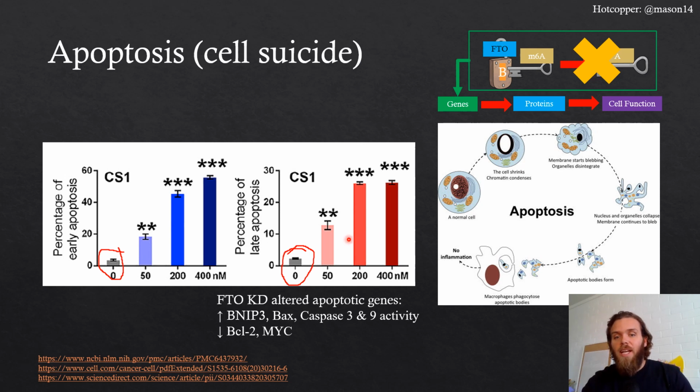Now you'll notice that as we start to increase the dose of bisantrene, you can start to see the percentage of apoptosis, this cellular suicide, start to increase. And I'll just draw that on the graph.